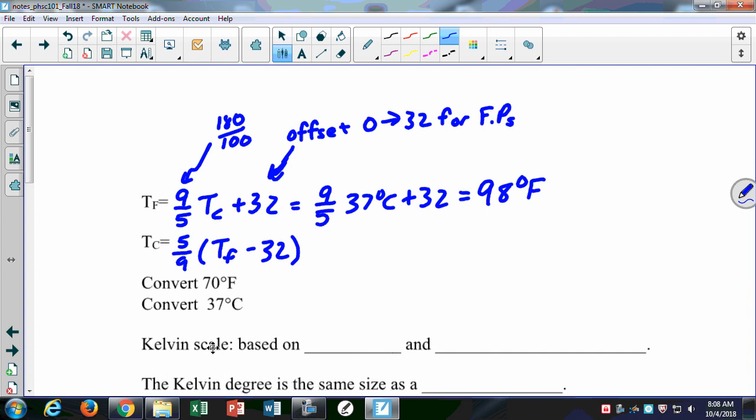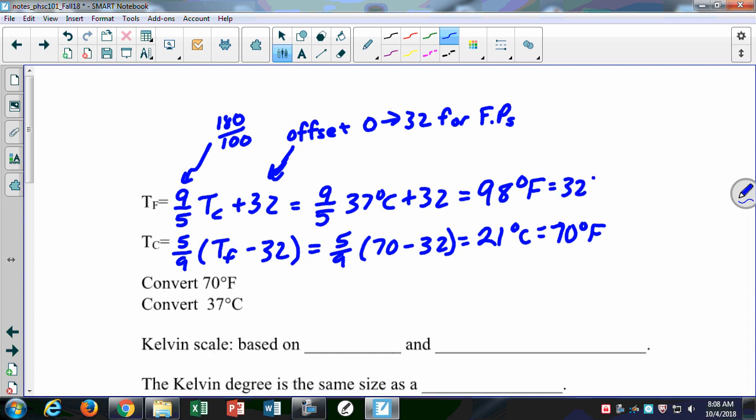And if I wanted to convert 70 degrees Fahrenheit to Celsius, I would say 5/9 times 70 minus 32. That's equal to 21 degrees Celsius. So that's a nice, comfortable day.